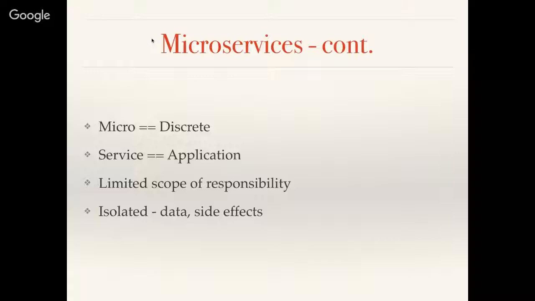In my definition, I call each of these microservices isolated, so that they don't trickle over into other things. Oftentimes we make a change in this part of the code over here that affects a completely unrelated, or seemingly unrelated, thing, and we don't know, right?